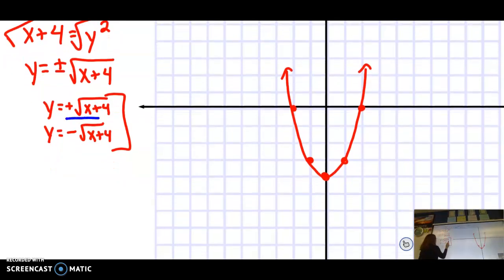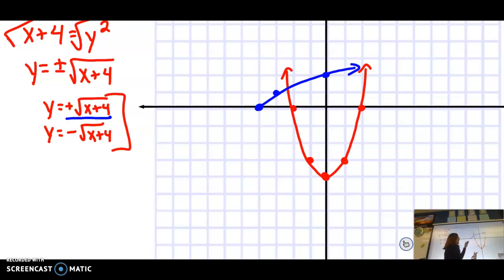So first I'm going to graph this piece. The plus 4 underneath means I need to go left 4. 1, 2, 3, 4. And it's just a normal square root. The square root of 1 is 1. The square root of 4 is 2. So over 1 up 1, over 4 up 2.